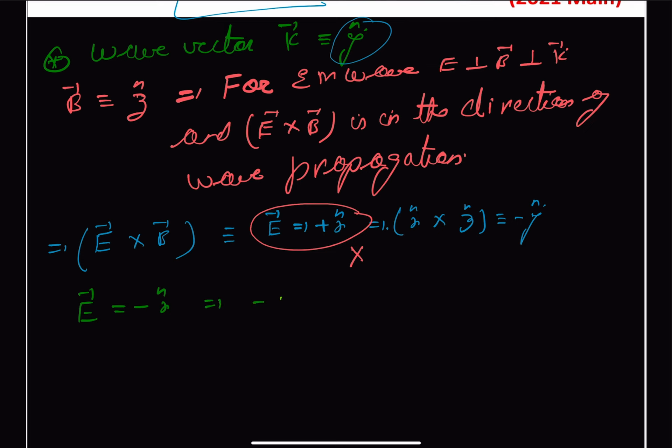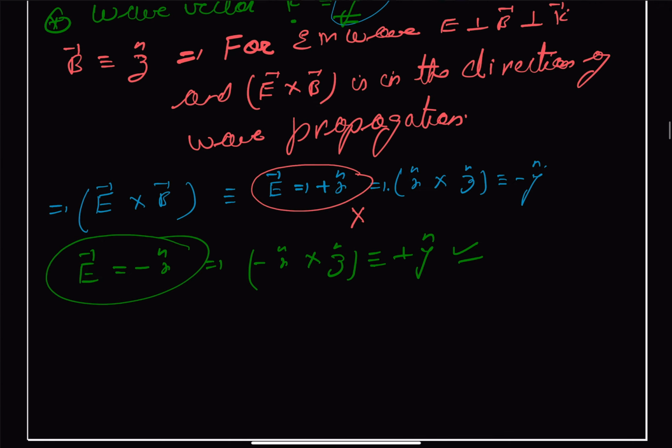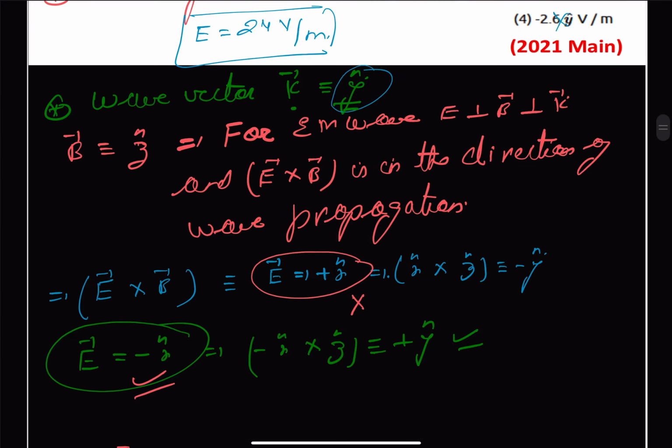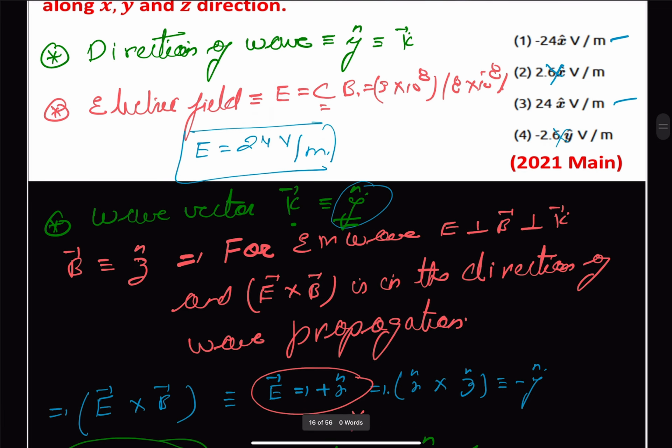Therefore, we get minus x unit vector cross product z unit vector. This will give us plus y unit vector, and this is true because we know wave vector is represented as plus y. So the direction of electric field is minus of x unit vector. Therefore, we can write the electric field is equal to 24 minus x unit vector volt per meter. So we have option number 1 is correct.